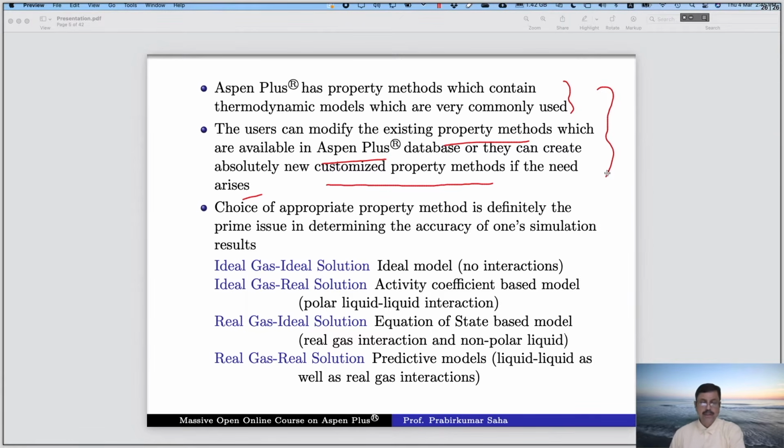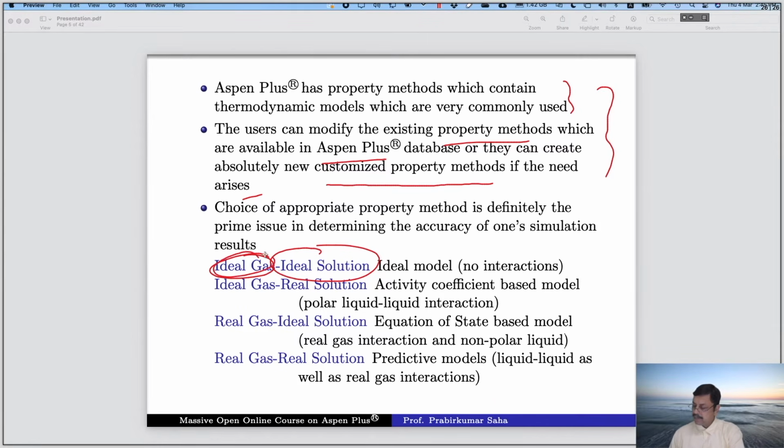Now, the choice of an appropriate property method is definitely the prime issue in determining the accuracy of one's simulation results. As I said, there can be various combinations of vapor phase and liquid phase. It may be ideal gas with ideal liquid solution.